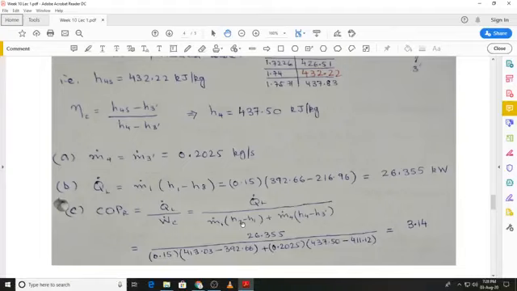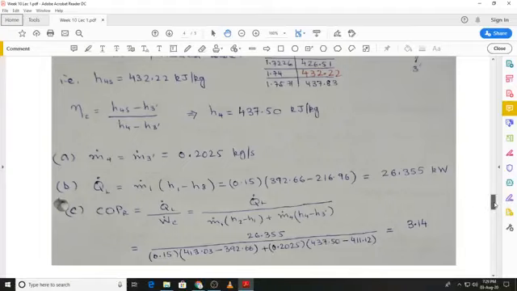For the low stage compressor, the compression process is from state 1 to 2, so the enthalpy difference is H2 minus H1, and the mass flow rate is m dot 1. Whereas for the high stage compressor, the mass flow rate we just worked out is m dot 4, and the enthalpy difference is H4 minus H3 prime. Again substitute all the numerical values, and the COP comes out to be 3.14.